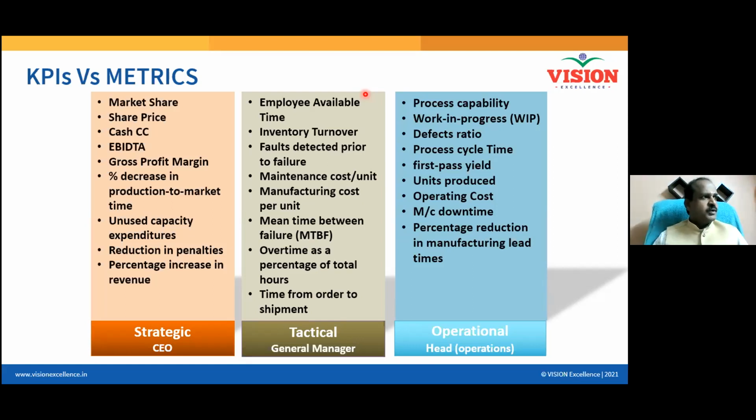If you are handling these kinds of things, you are part of the middle management, like the inventory turnover ratio, number of faults detected prior to failure, maintenance cost per unit. So certain metrics, right? However, these metrics are derived from the strategic metrics only.